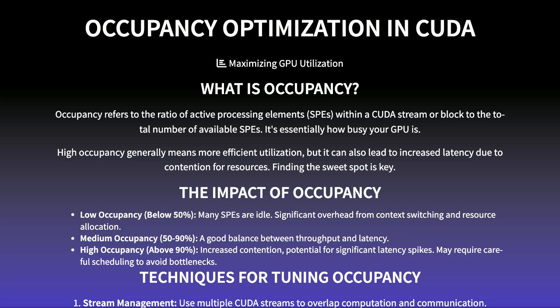We want to find that sweet spot where we have enough activity to keep things humming without creating delays. We can adjust this by using multiple streams to overlap different parts of our computations and also experiment with block sizes. Finding the right size is key. And finally, if your threads are all taking wildly different paths through their code, it's like a chaotic construction site, so we want to minimize that thread divergence to keep things running smoothly.